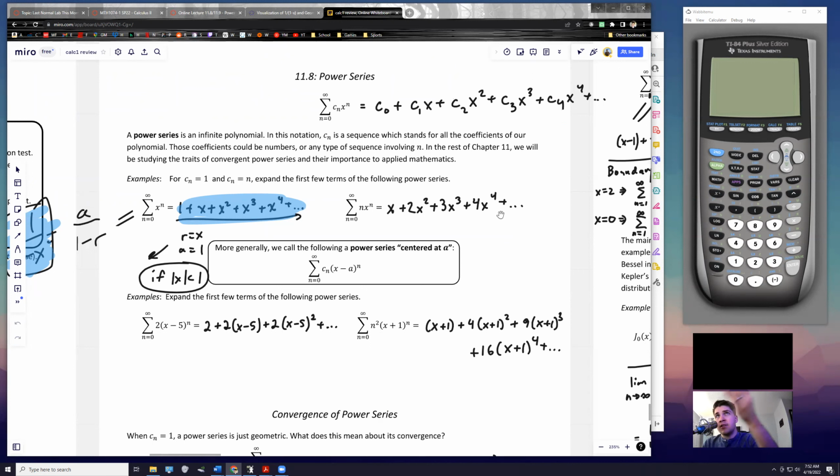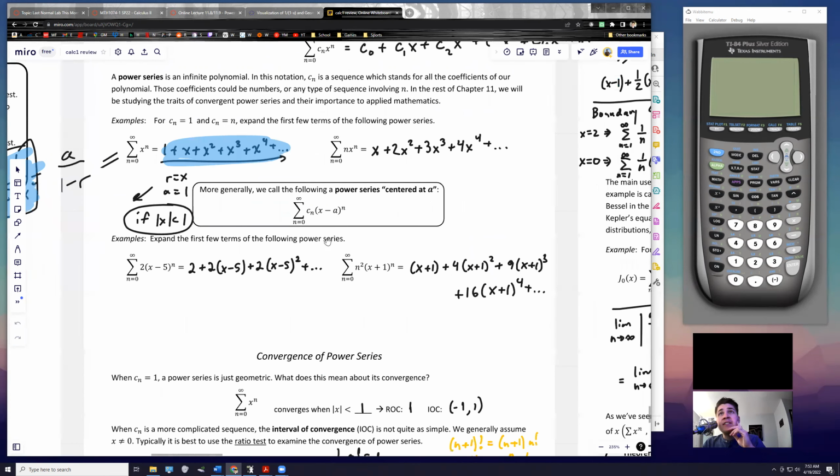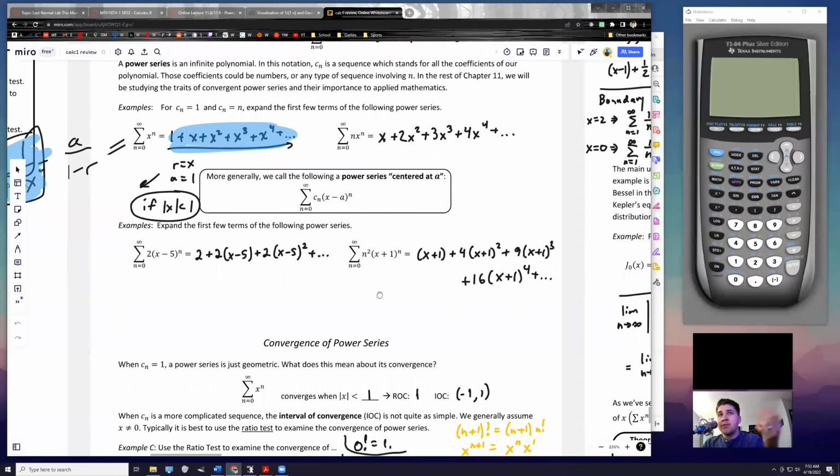And it could have whatever the coefficients are, which will adjust the convergence and so forth of the power series. If it's centered at another value, for example, at 5 or -1, it will still look very similar. Instead of being x and x squared and x cubed, it will be x minus 5, x minus 5 squared, x minus 5 cubed, and so on. But otherwise, it will be pretty much the same idea.